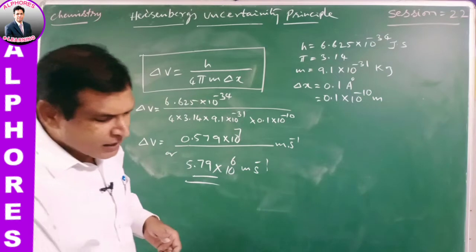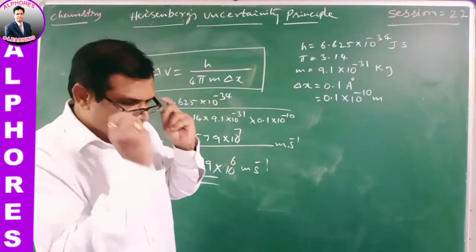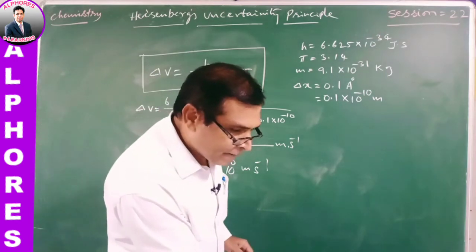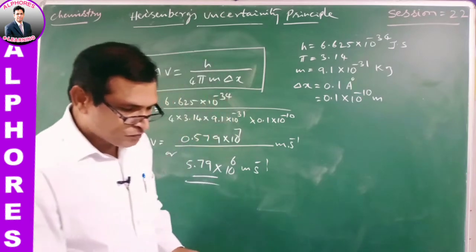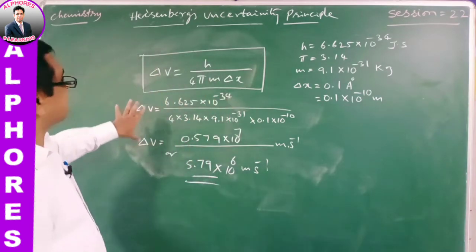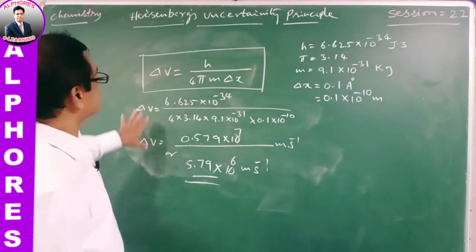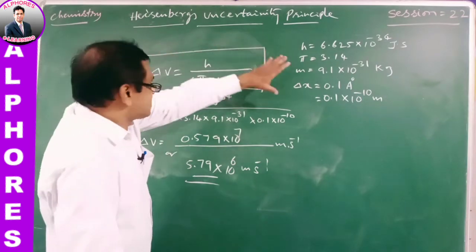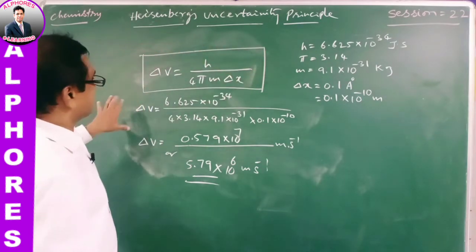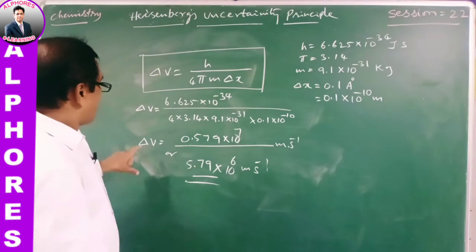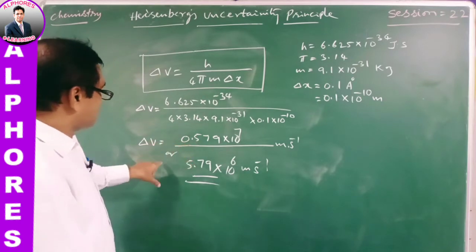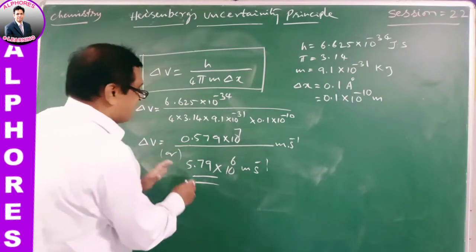Let us see if any numerical is like that. Yeah, here it is. So is the concept of this problem clear to you? So the contents, the required formula, then we substituted, and on calculation we get the final answer like this.